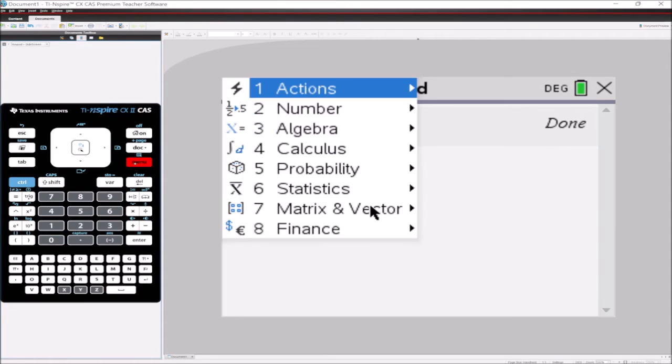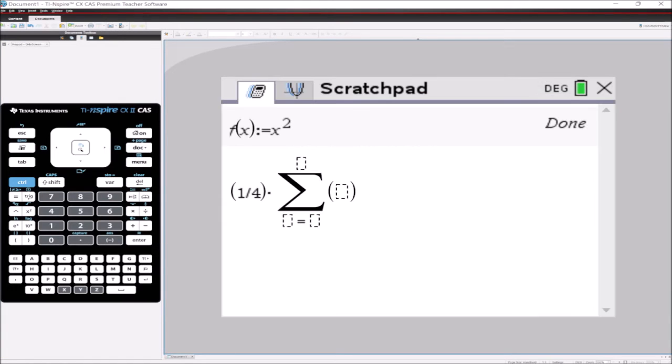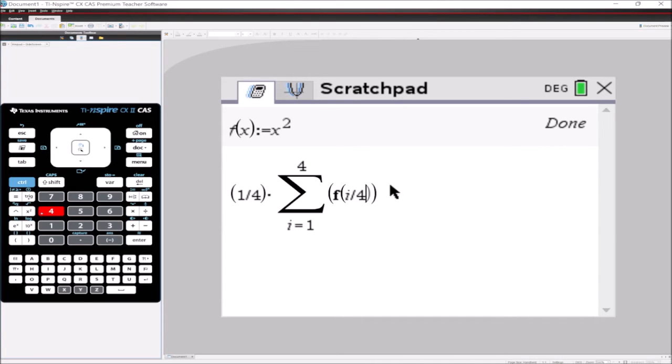To do summation, we go to menu, calculus, sum. Our index is i, so we go i equals 1 to 4 of f of, and we said it was i divided by 4 minus 1 divided by 8.